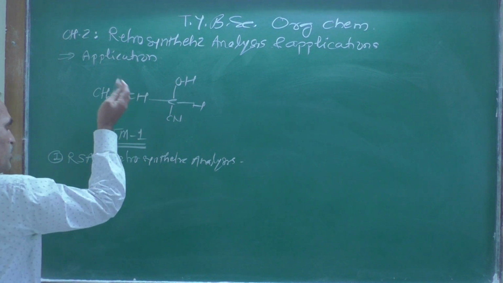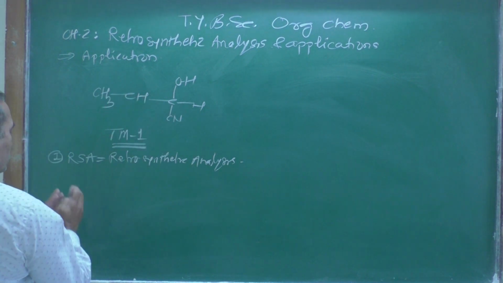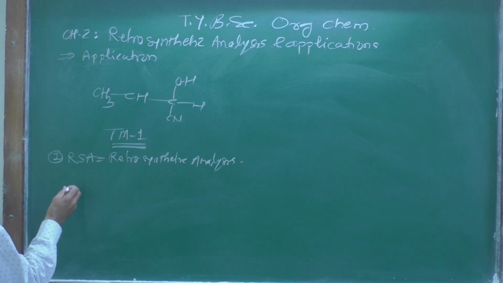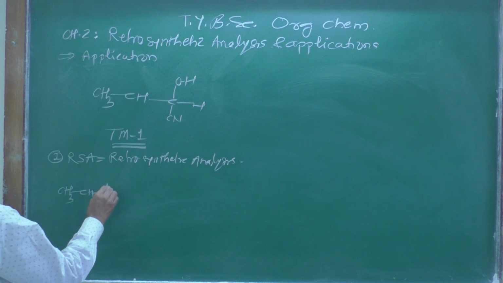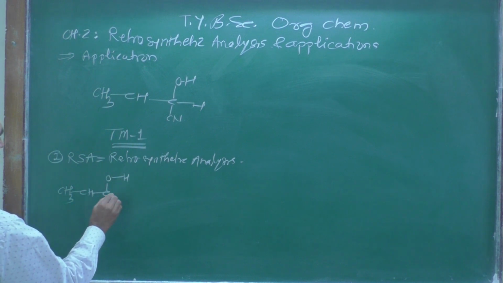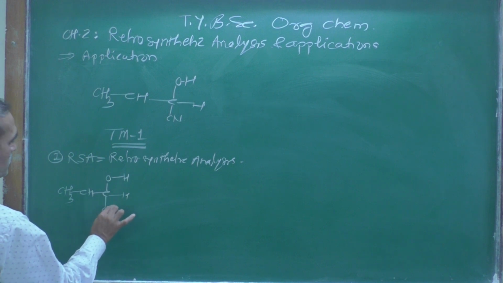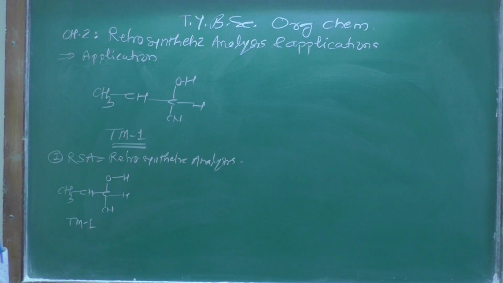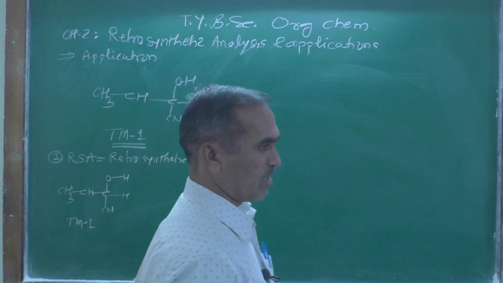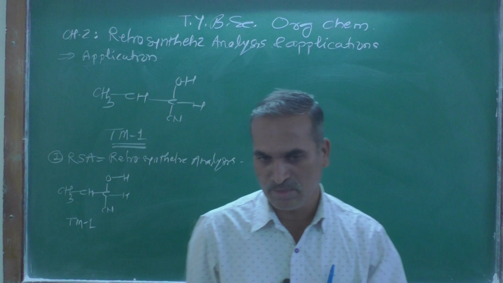I am writing this target molecule as it is over here: CH3, then CH, then OH, then H, and then CN. This is my target molecule, which I am representing here as TM1.